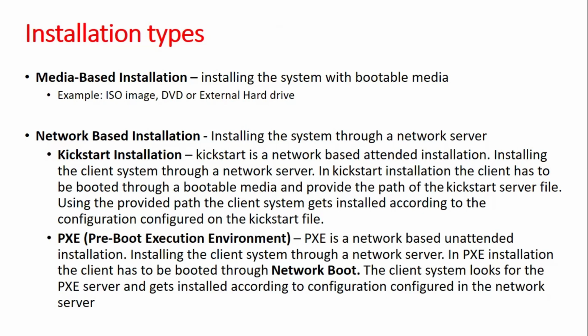So you can go to the BIOS and select network booting, and when you start the system, automatically the client system is going to get the network server. The client system looks for the PXE server and gets installed according to the configuration configured in the network server. So these are the two different types of installations.